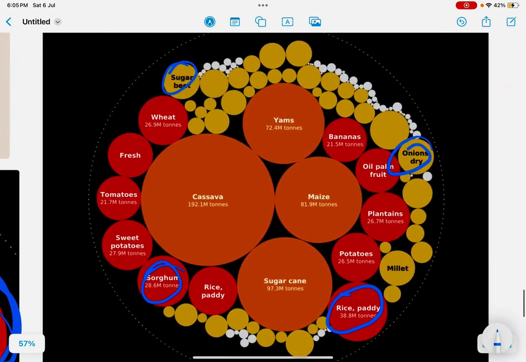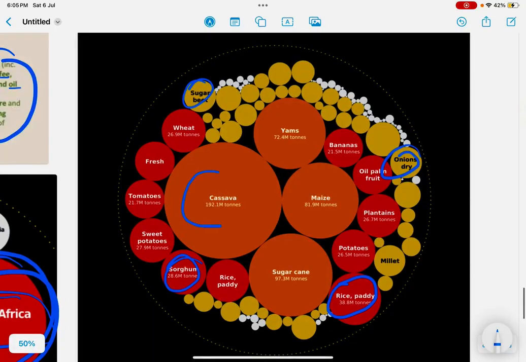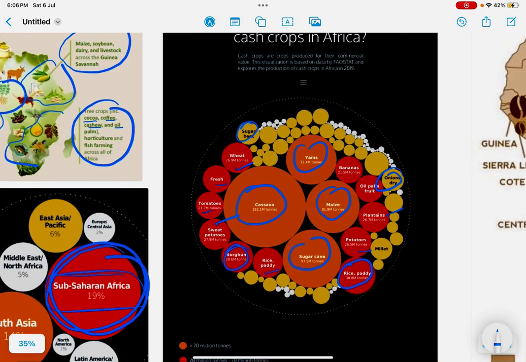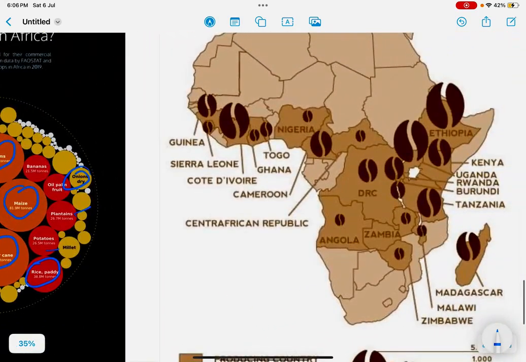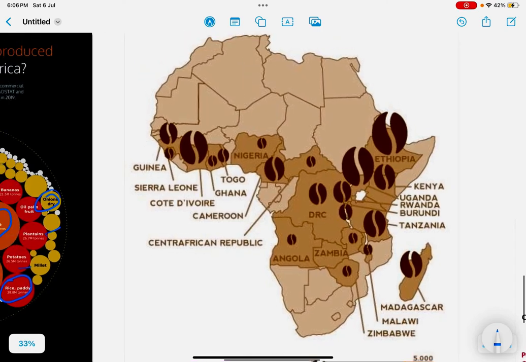Another map. Let's look at the crops, cash crops. Cassava, yams, maize, sugarcane, rice paddy, potatoes, plantains, sugar beet, wheat, fresh tomatoes, sweet potatoes, etc. are the main cash crops. Another important crop, let's see, it is coffee.